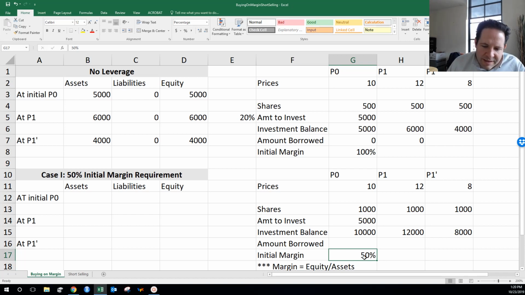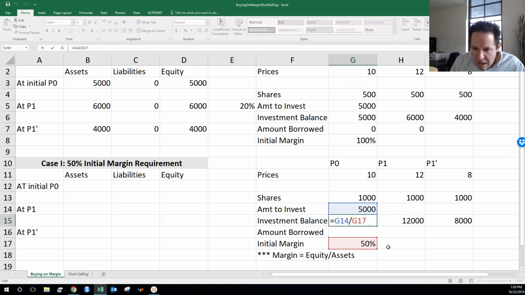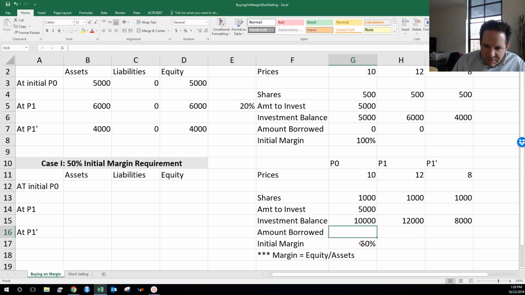So they like to stipulate that you have enough skin in the game, that you put 50% of the investment. Where can you see that? Well, 50% of the investment is right here. The way you can figure out what your investment balance is if your initial margin is 50% is that my amount to invest is divided by this initial margin, and that tells you that you can borrow up to, well, how much?